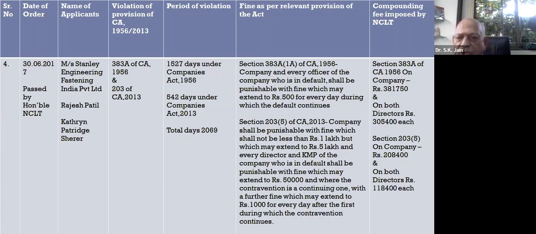So instead of imposing the outer limit of fine of rupees 5 lakh, NCLT imposed fine of rupees 208,400 on the company, and on both directors rupees 1,18,400 each. So total amount of fine, if you see, was imposed under the Companies Act 1956 on the company as well as on the directors, and the directors and the company were also imposed fine under the new Companies Act 2013.